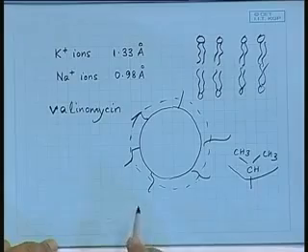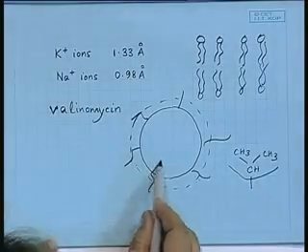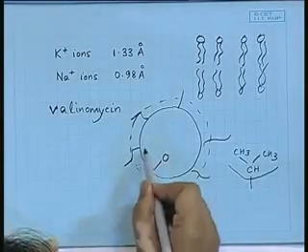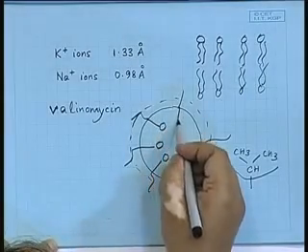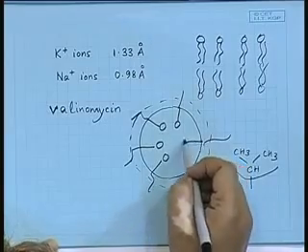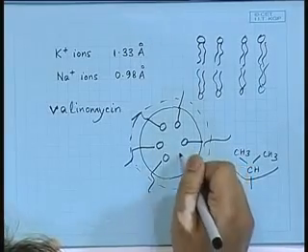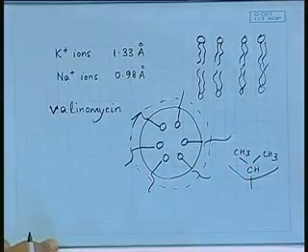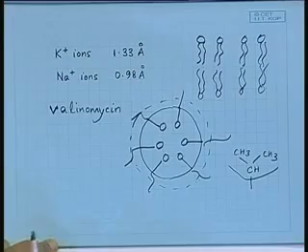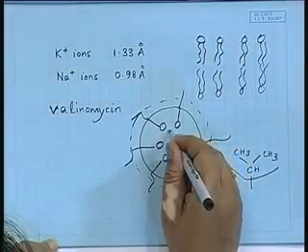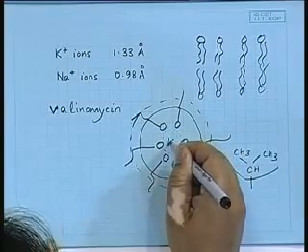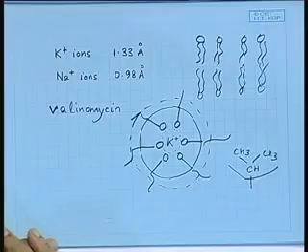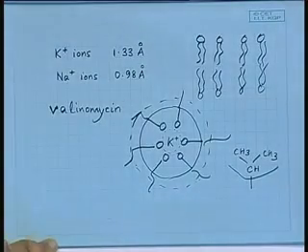Now, this hydrophobic shell in here has 6 oxygen atoms. Okay? Now, these 6 oxygen atoms are spaced in such a way that this fits the potassium ion exactly.